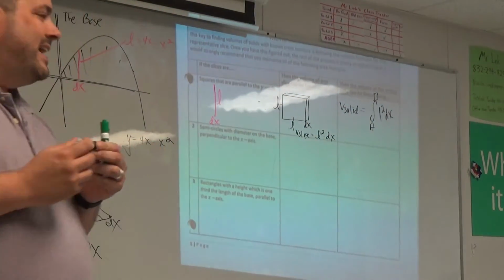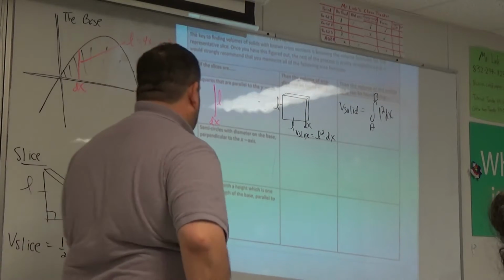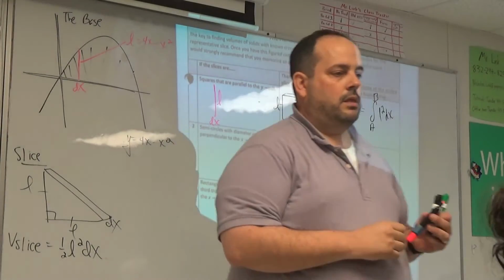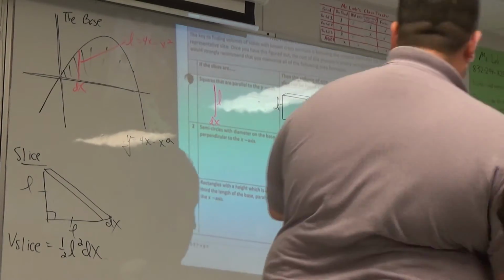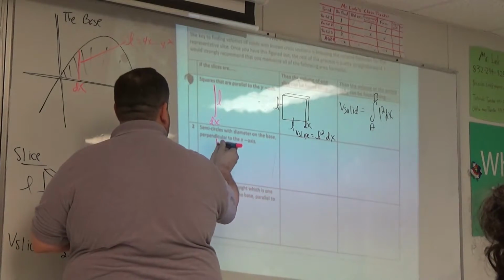Okay? All right, so Jose and Jennifer and anybody else who wants to play with me. Semicircles with the diameter on the base, perpendicular to the x-axis. Perpendicular to the x-axis, we're going this way, right? So right now I'm just drawing this little guy here.